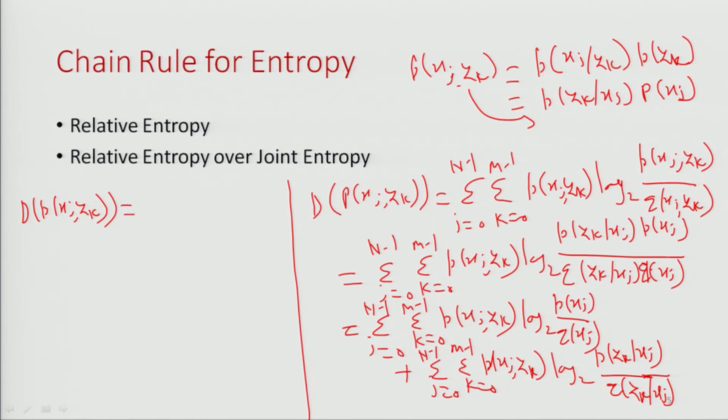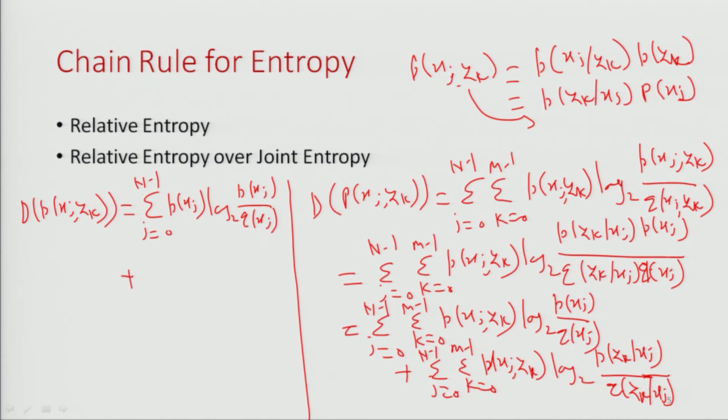This can be written as summation over j from 0 to n minus 1 and summation over k, p(x_j, y_k), this becomes p(x_j) into log of base 2 p(x_j) upon q(x_j). Okay, this first part.